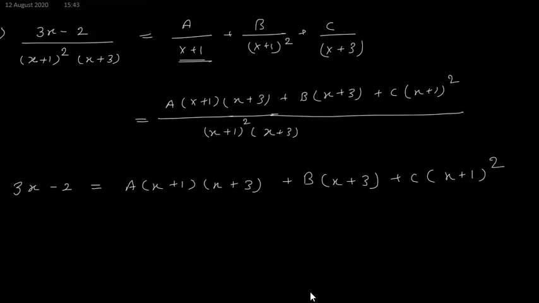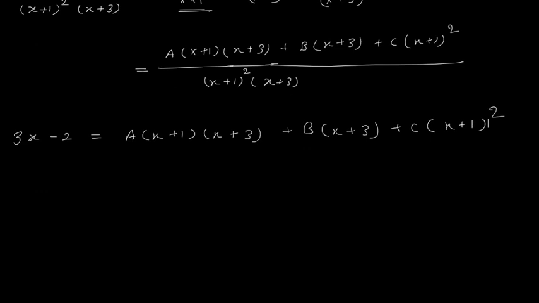Now this problem is different from the previous problem. Here again you can expand them and compare the coefficients of x square, coefficients of x like that, or you can use the substitution method. Now let us see the substitution method and see how the substitution here is different from the previous problem. So while using substitution, what are we going to do?